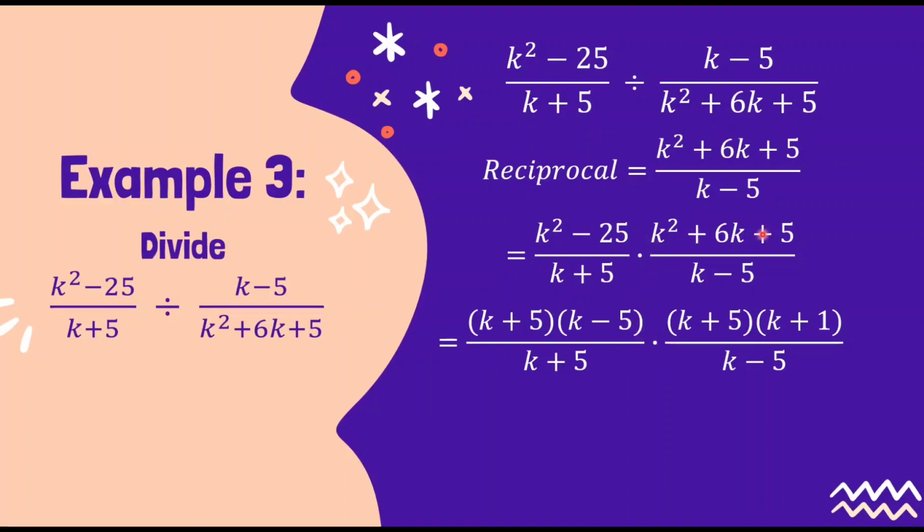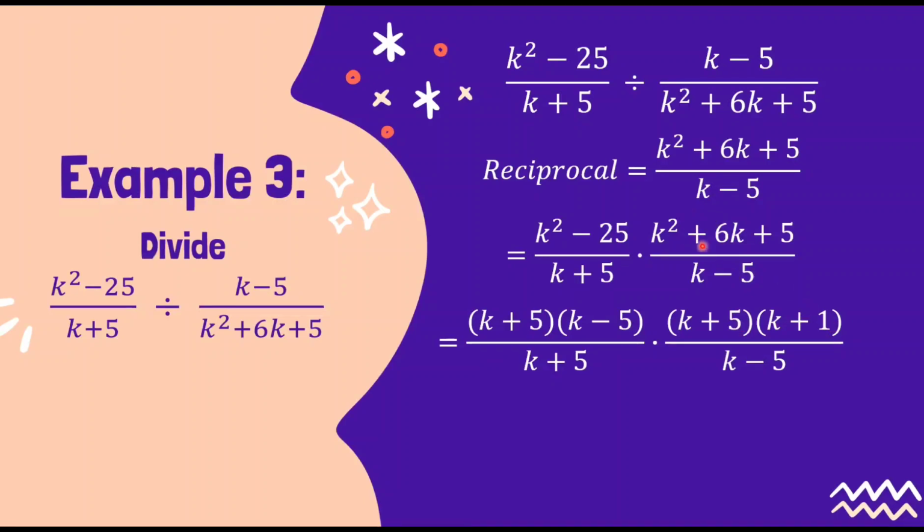And then let us proceed to our trinomial. In order to factor our trinomial, you need to think of two numbers whose sum is 6 and whose product is 5. So what do you think? The two numbers are positive 5 and positive 1.